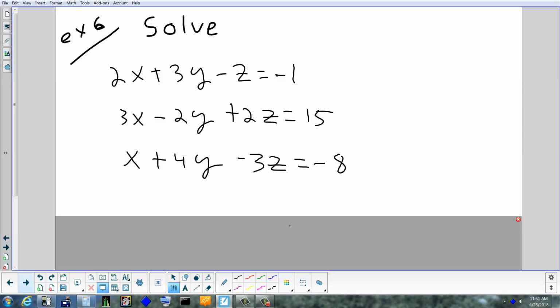Okay, so there's our system. The top one is 2x plus 3y minus z equals -1. 3x minus 2y plus 2z equals 15. And x plus 4y minus 3z equals -8. 3 equations, 3 letters.